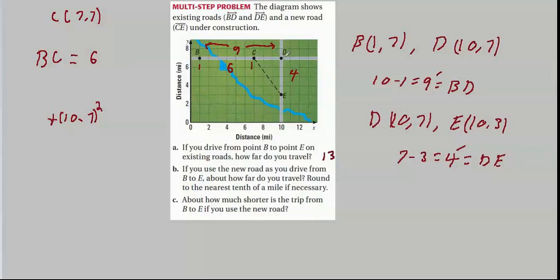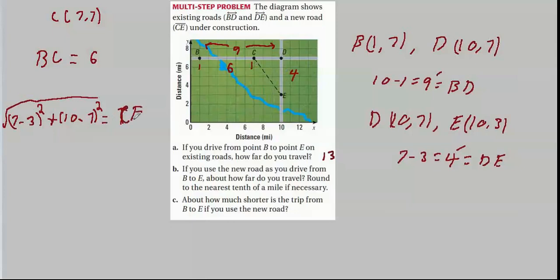Well, our distance formula would tell us to subtract the y-coordinates. Here we have 7. And here we have 3. So, just as we did before, 7 minus 3 squared. And that's the total. Pardon me, that's not the total. That's the distance from C to E.